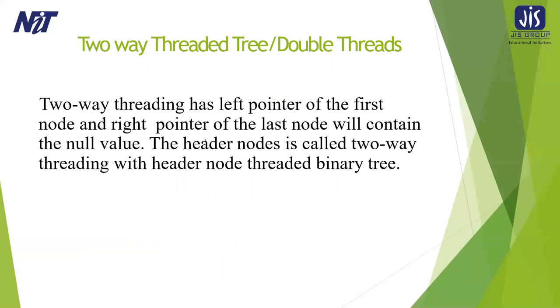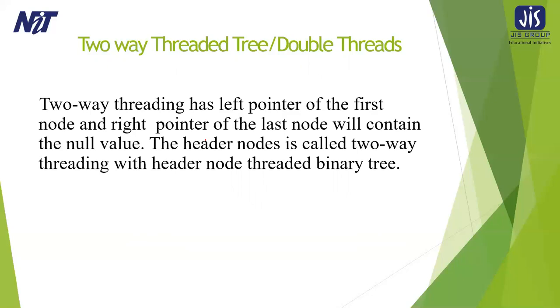So now next, how do we represent a two-way threaded tree, or what do we mean by a two-way threaded tree? So in two-way threading, the left pointer of the first node and the right pointer of the last node will contain the null value. All other null pointers are replaced by these threads.